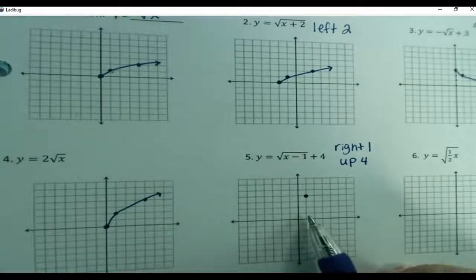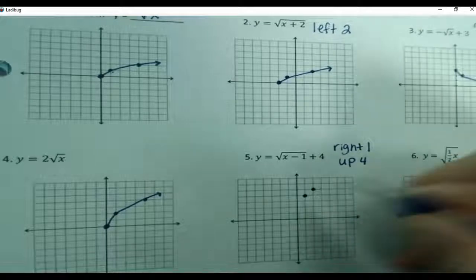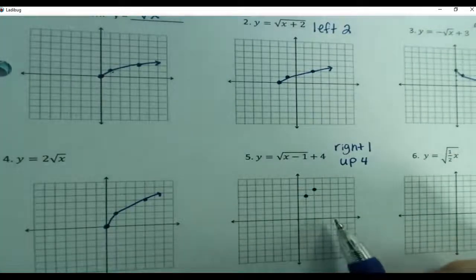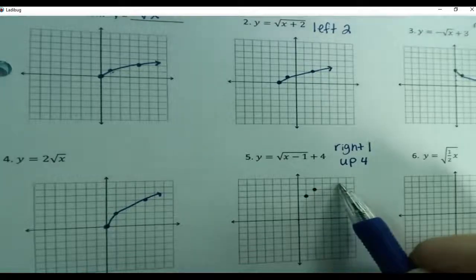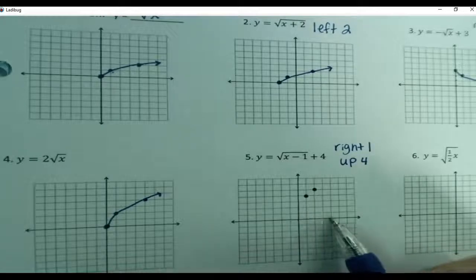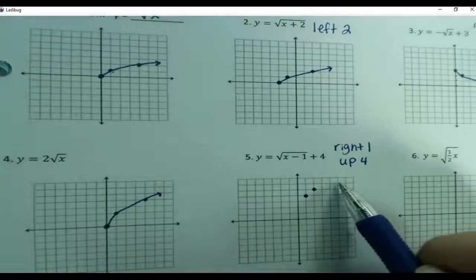So then our next original was at 1, 1, so we go to the right 1, 1, 2, 3, 4. And then our original 4, 2 goes to the right 1, 1, 2, 3. Oh, that's not right. So we're here, so we go to the right 1, 1, 2, 3, 4. Yeah, there we go.